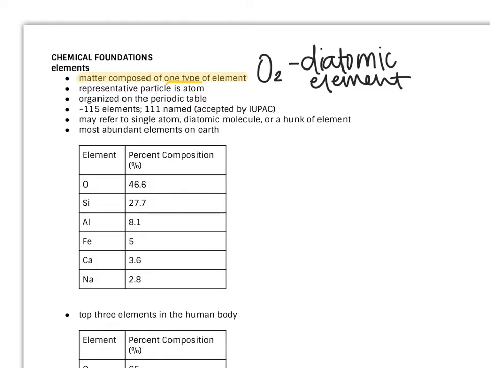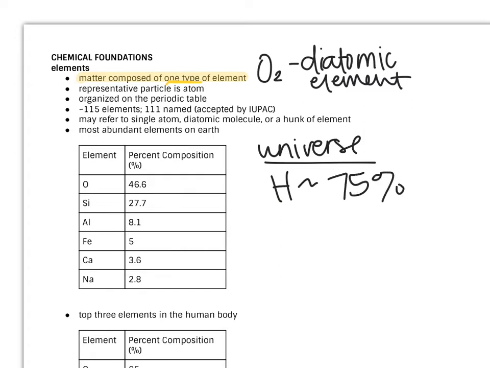So elements obviously make up everything. So we'll talk about the most abundant elements on Earth. First, I wanted to talk about the most abundant elements in the universe, because they are very different. So in the universe, the most abundant element is hydrogen. And that makes up about 75% of everything in the universe.